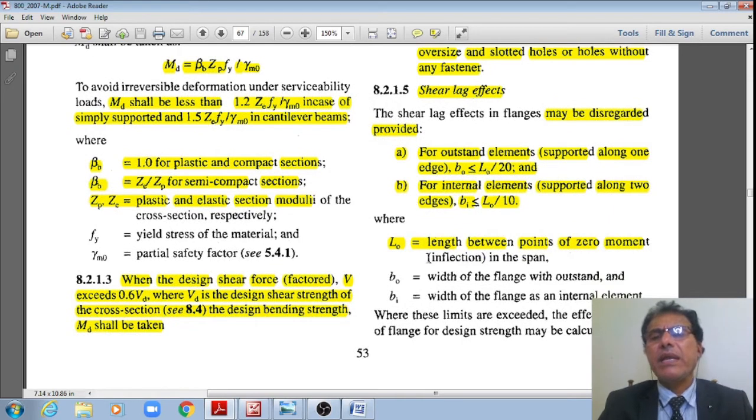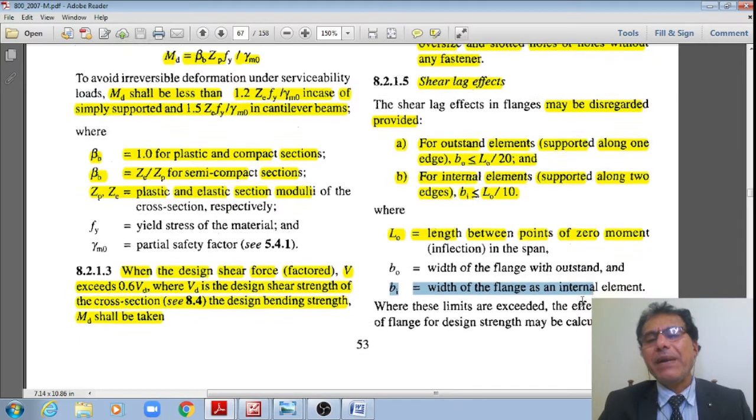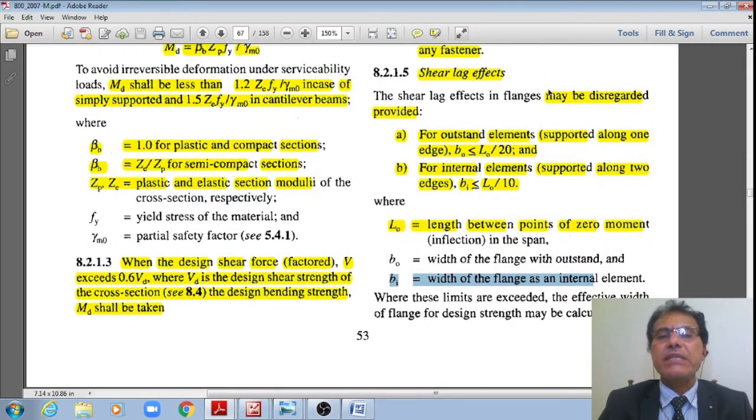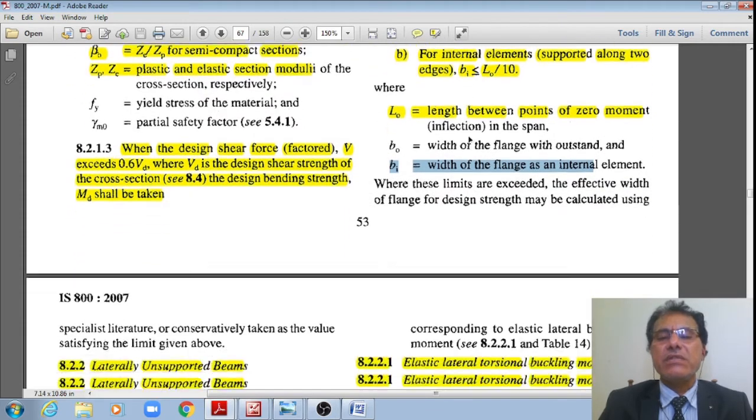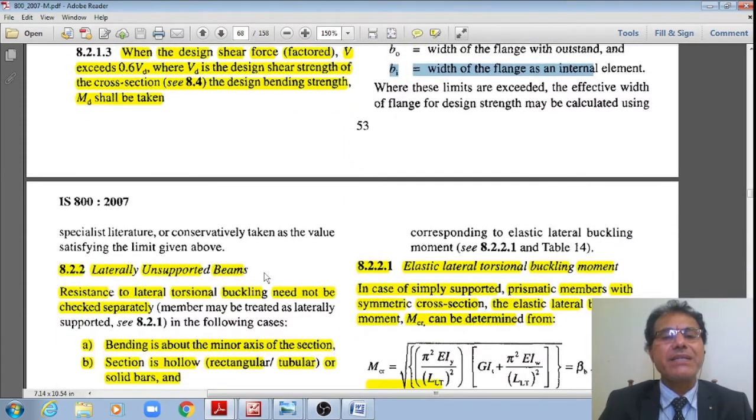Where L0 is the length between the points of zero moment, or points of inflection or contraflexure of the beam, b0 is the width of the flange with outstand, and bi is the width of the flange as an internal element. In such case, shear lag effect may be neglected. Otherwise, if these are not satisfied, then shear lag effect must be considered.